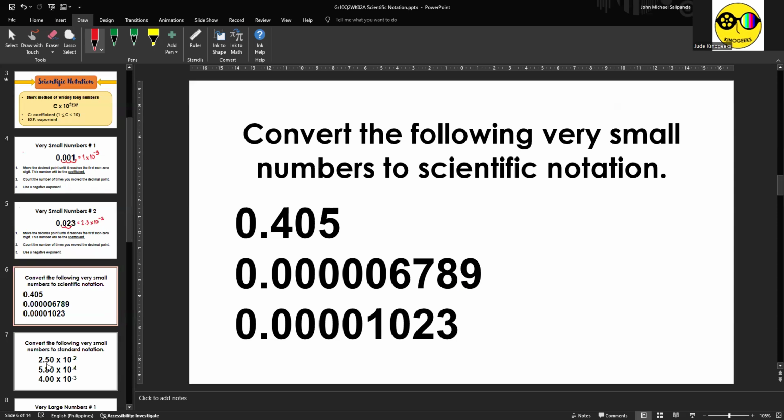Okay. For 4.05, we have to move the decimal point one place to the right. So your coefficient is 4.05 times 10 raised to negative 1.